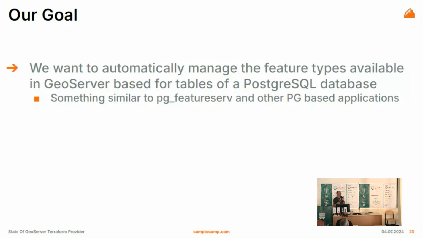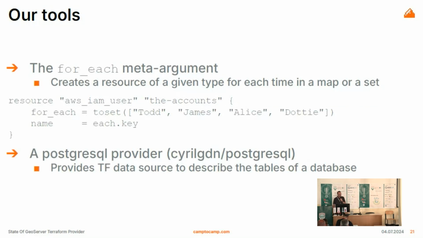So my idea was to do something similar to pg_featureserv or Martin or other PG-based applications, which discover what you have in the database and automatically do the configuration for you.